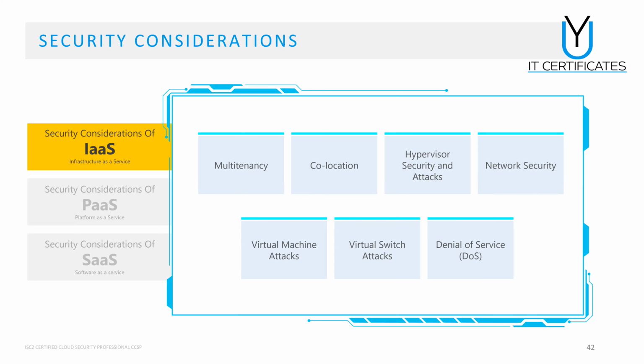This means that on a single server you have multiple users and customers who are using the service. And of course, this is not secure because you must provide a powerful isolation method between these customers, so they will not be able to see each other's data, services, applications, and so on. This is one of the security considerations.